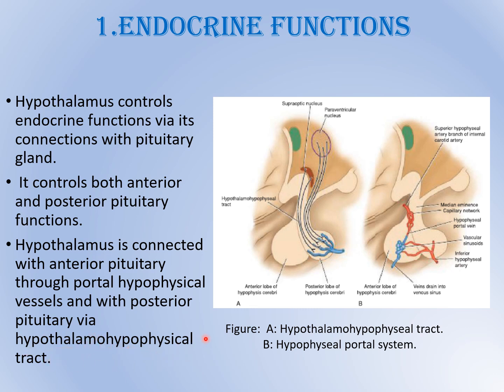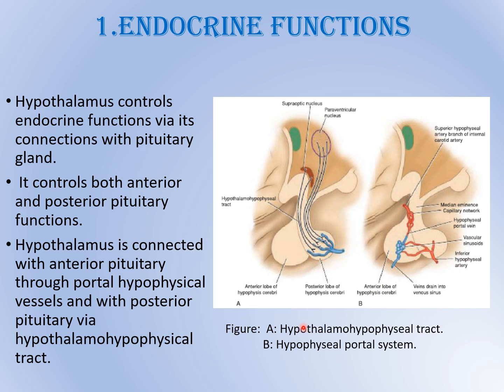hypothalamo-hypophyseal tract. In figure A there is a hypothalamo-hypophyseal tract, and in figure B there are hypophyseal portal vessels. This one is a hypophyseal portal vein, then vascular sinusoids and the inferior hypophyseal artery, and this one is the anterior lobe of the hypophysis cerebri.